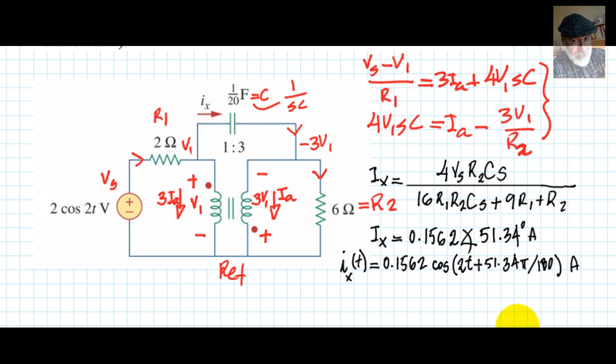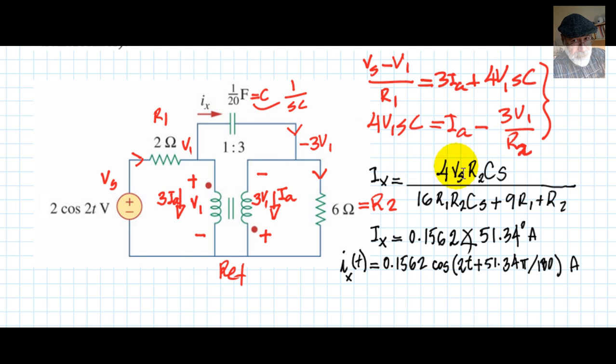And from the HP50G, we get that the current Ix is given by this expression, which is a function of Vs, R1, R2, C, and S. R2 is 6 ohms, R1 is 2 ohms, C is 1/20 farads.